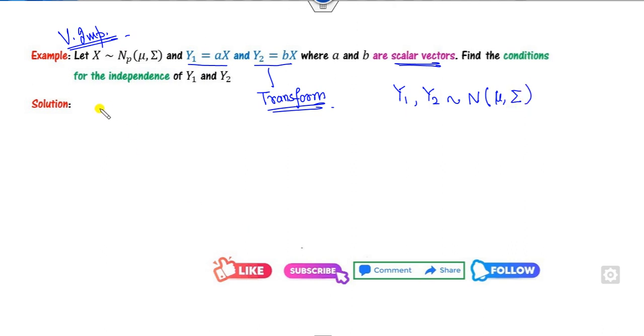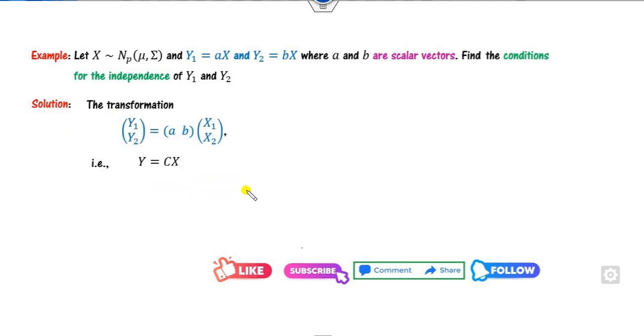Fine. So I can take the transformation y as y1, y2. So therefore y is equal to a transformation of x. This is a, this is b, this is my x1 and x2. Fine. This is my c. Now because we know the transformation, what is the rank of c?